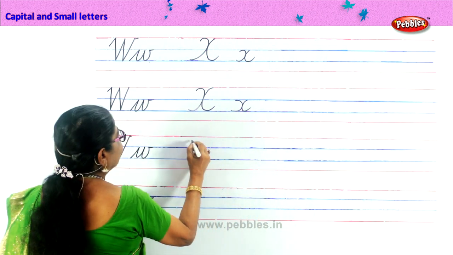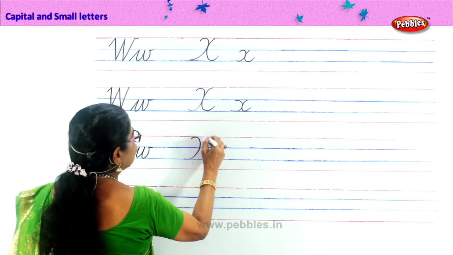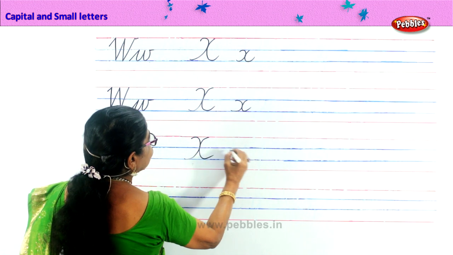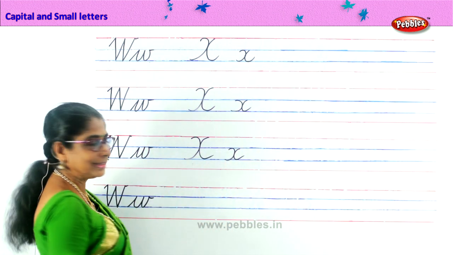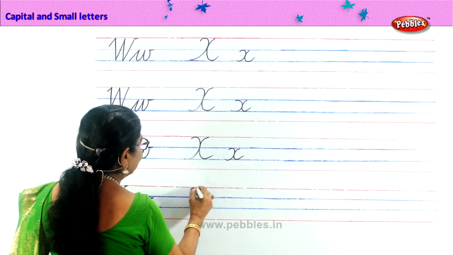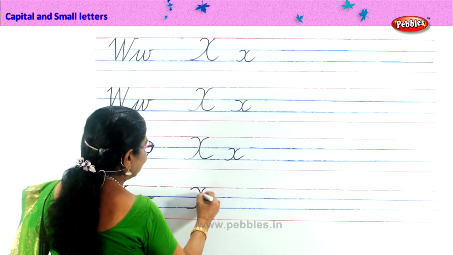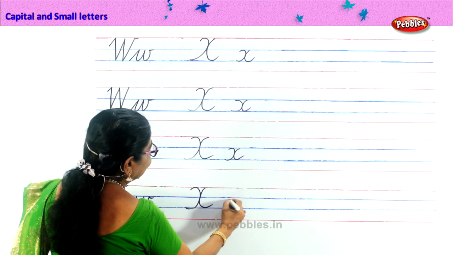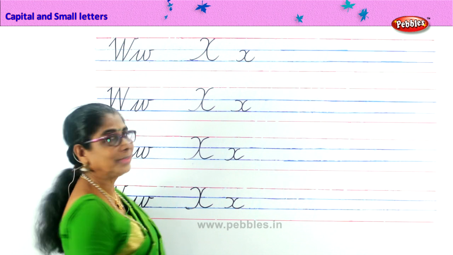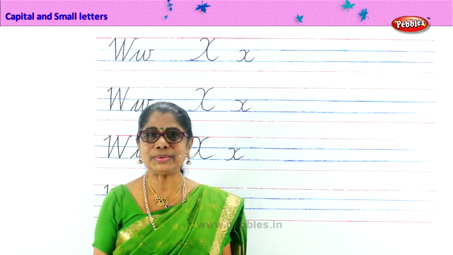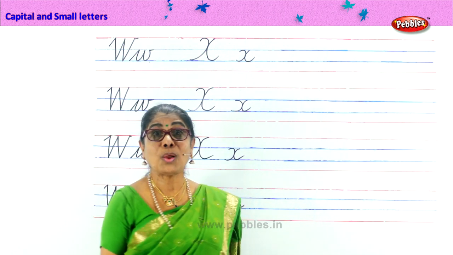Okay? The capital X goes like this and the small letter x like this. Now, the capital X goes like this and the small x goes like this. Good. Next, what's the next letter we're going to write?